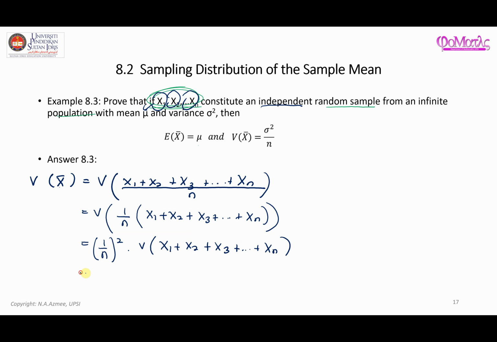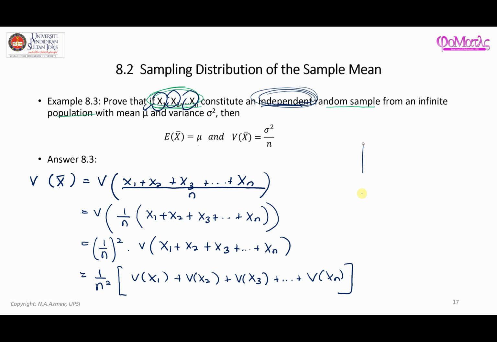Next, this is the same thing as 1 over n squared times the variance of x1. Now because they are independent, we don't need to consider covariance, covariance of x1, x2, x1, x3 and so on. We don't need to consider the covariance because they are all independent. So it becomes variance of x1 plus variance of x2 plus variance of x3 until the end.